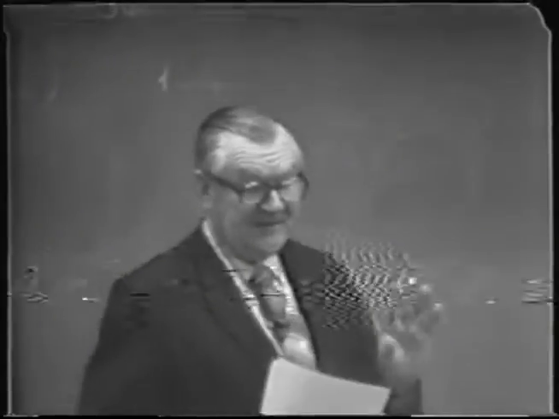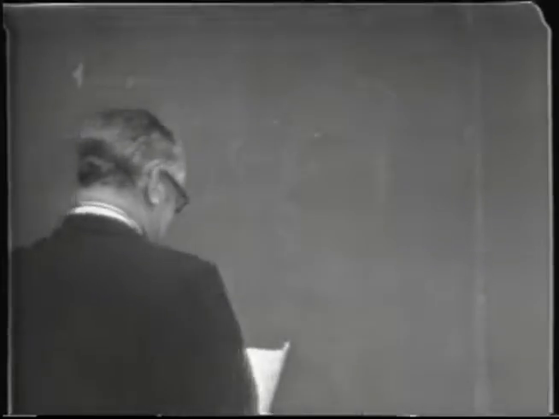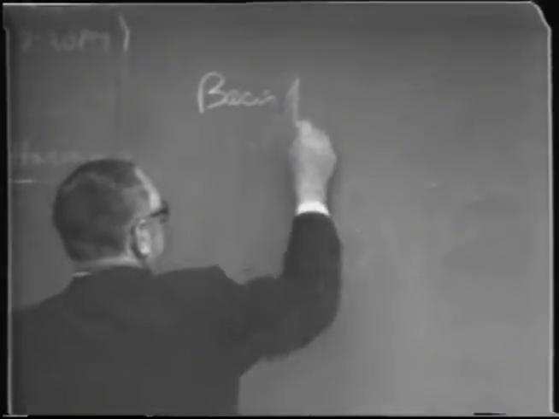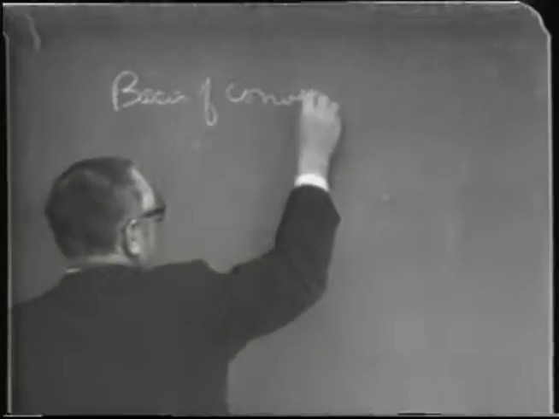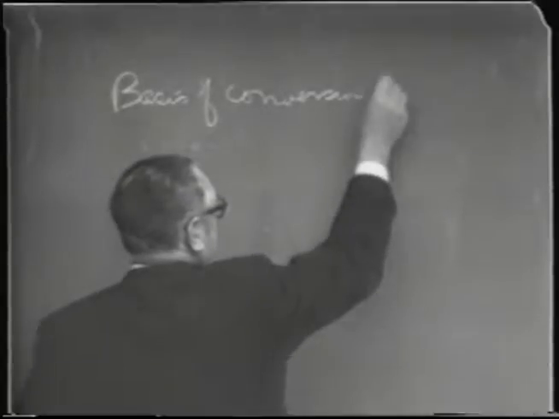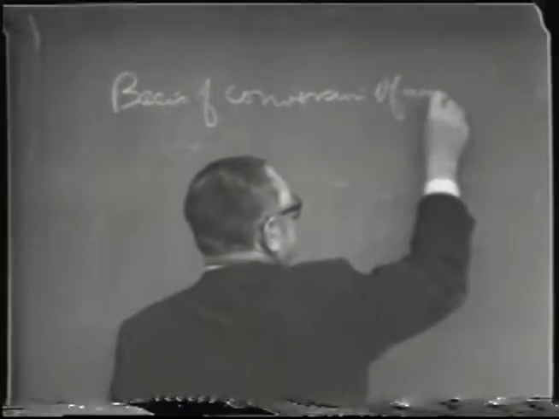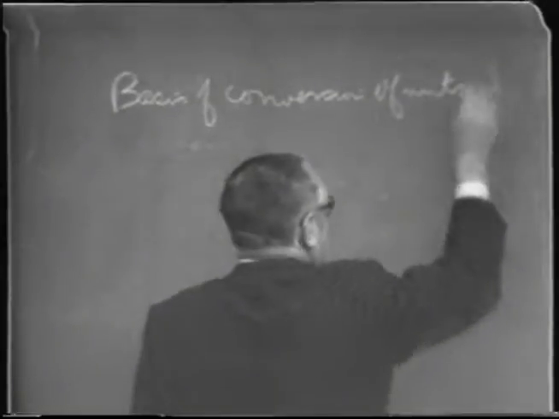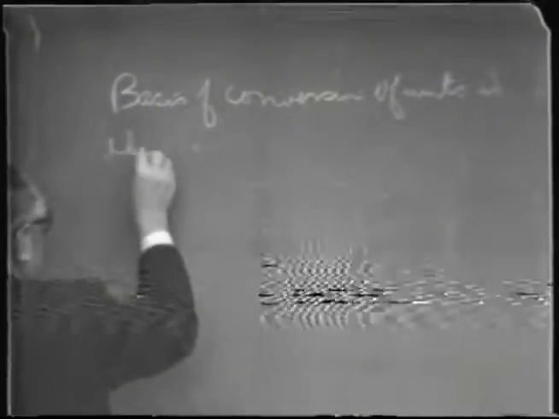And you can multiply anything in an equation by a quantity which is numerically equal to 1 without changing the value of the expression. So that's technically what we do. For example, the basis of conversion of units is the definition of a unit.